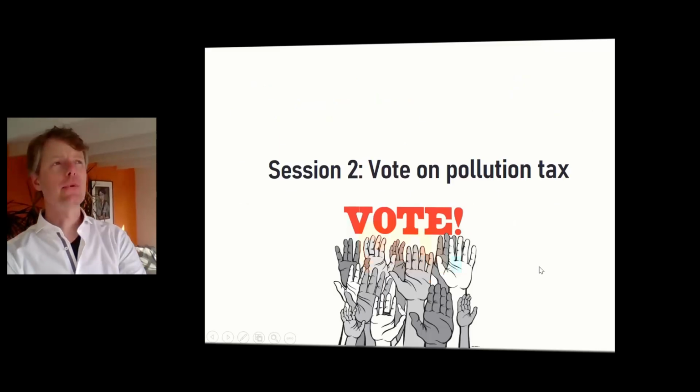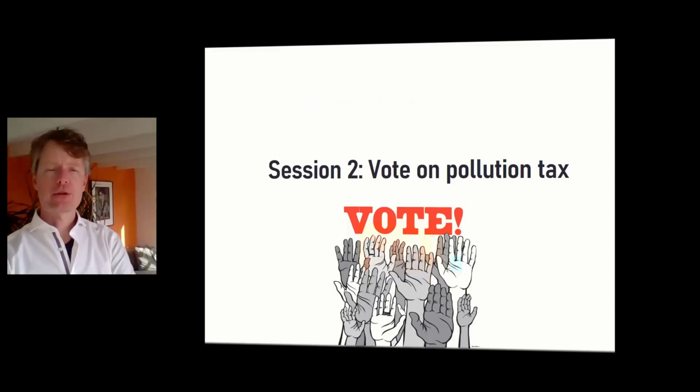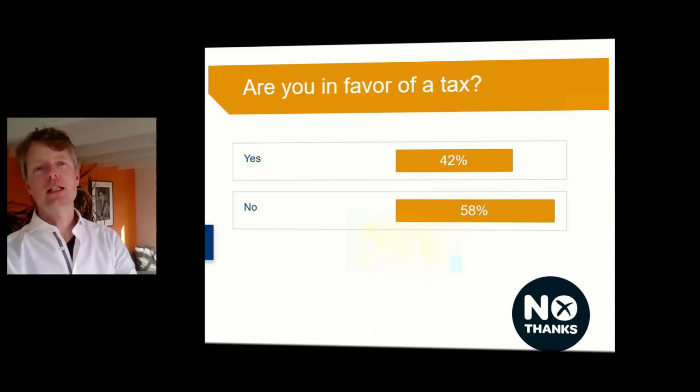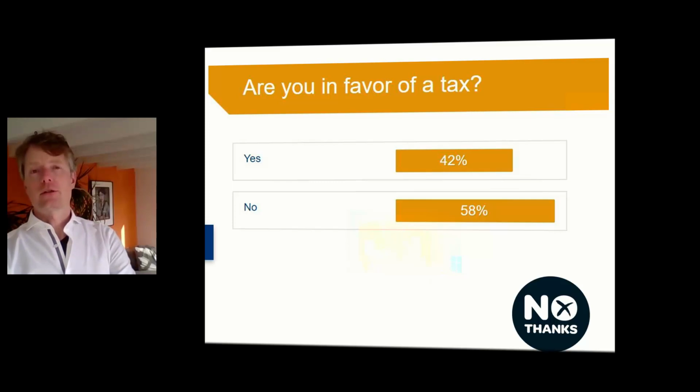Now, we actually had a vote on the pollution tax as well at the end of session 2, and that's interesting because we know from theory that a tax may improve market outcomes, and now we went through the whole deal, but you see that there was no majority for a tax, so there was a clear no thanks.